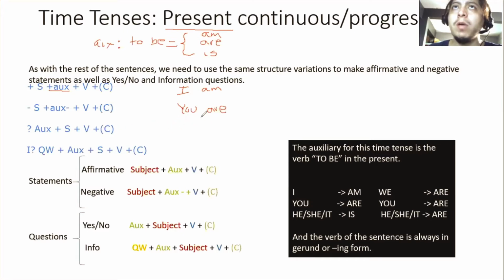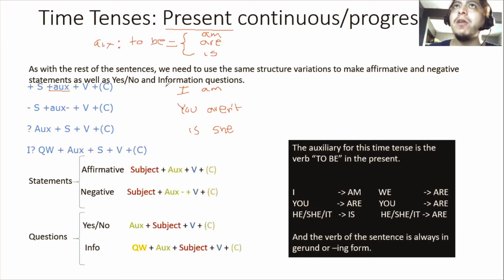If you have a negative, it will be aren't, okay? If you have a question, it's first the auxiliary and then the subject. So if the subject is, I don't know, she, the auxiliary comes first: is she. Subject, auxiliary with negative; auxiliary and subject.